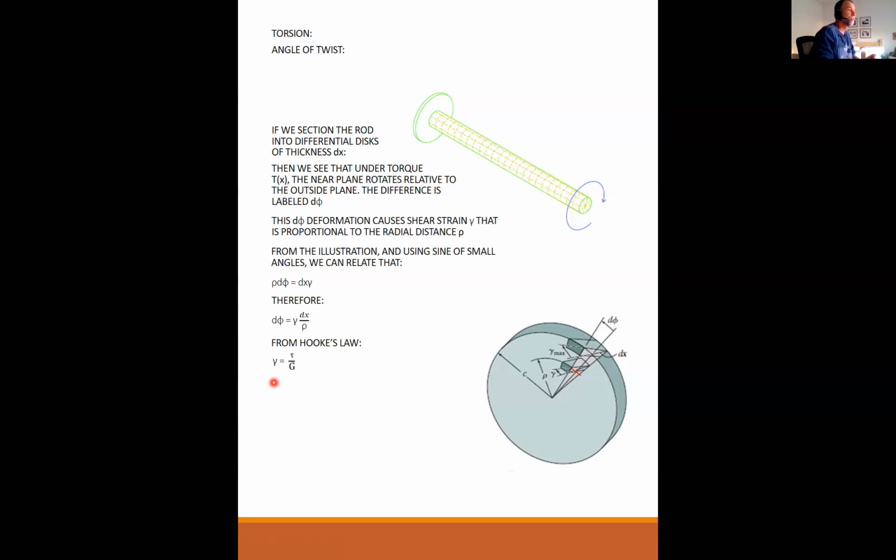So the shear strain gamma is equal to shear stress tau over G, which is the modulus of rigidity. So this relates gamma to tau and G.